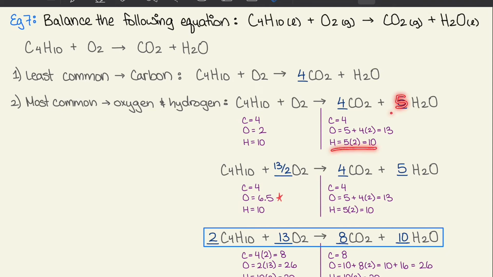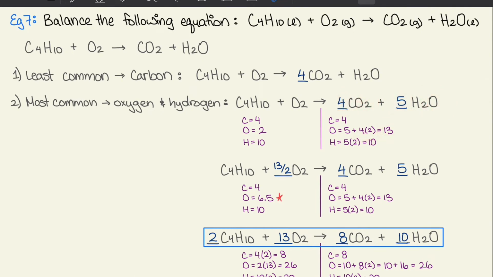Now that we have carbon and hydrogen equal on both sides, we're going to move on to oxygen. So from before, the reactants have 2 moles of oxygen, and on the right, we have 2 moles of oxygen in CO2, so we multiply that with the moles in front of it, so that's 4 times 2, plus the 1 mole of oxygen times 5 with the water molecule, and a total for that should give us 13.